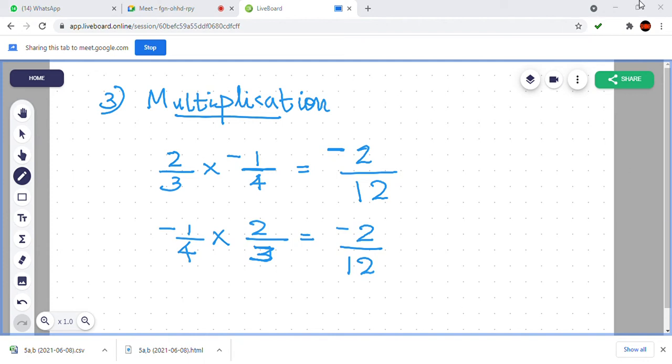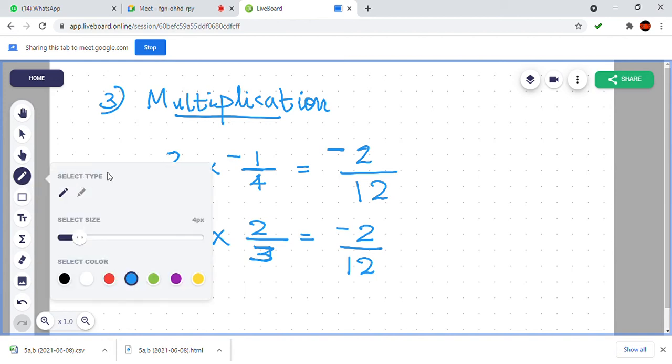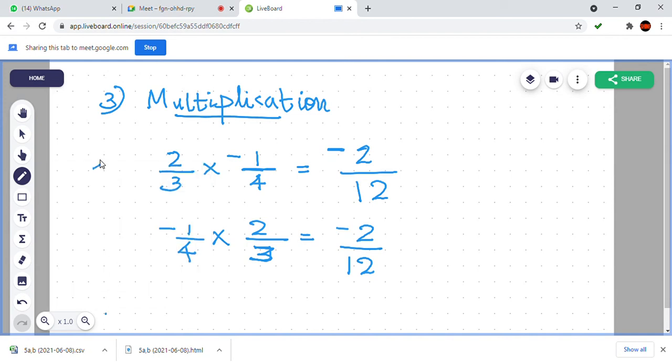After copying those two sentences, you can copy this example. അത് രണ്ടും കഴിഞ്ഞിട്ട് നിങ്ങൾ ഈ എക്സാമ്പിൾ കോപ്പി ചെയ്യണം.